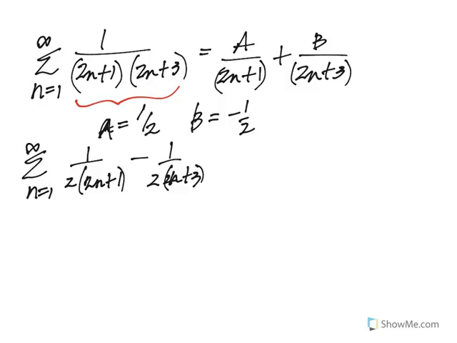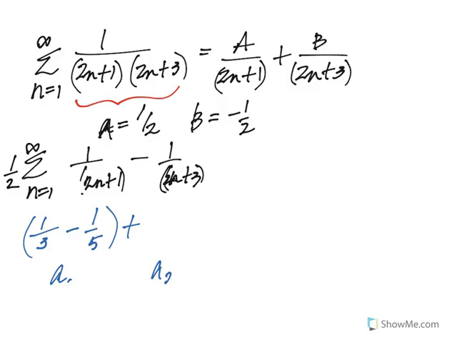To make the numbers a bit easier, I'll take a 1/2 out in front of everything and get rid of these 2's here, making the numbers slightly more manageable. Now, just like I did in the previous example, I'm going to calculate a sub 1, which in this case turns out to be 1/3 minus a 5th.